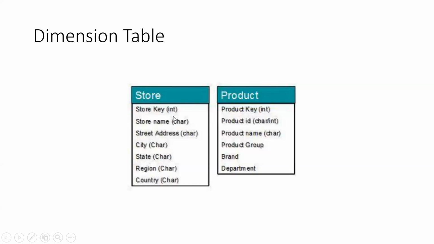Similarly, product key is the primary key in the product table, which is the dimension, and a similar product key you can see in the fact table as a foreign key. Why are we storing this kind of foreign key over there? We will be learning those in our data modeling. Maybe in tomorrow's session we will learn what is data modeling. There we can see why we are putting foreign keys in the fact table.